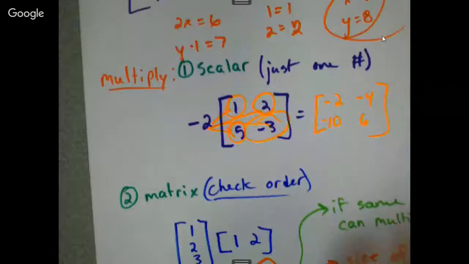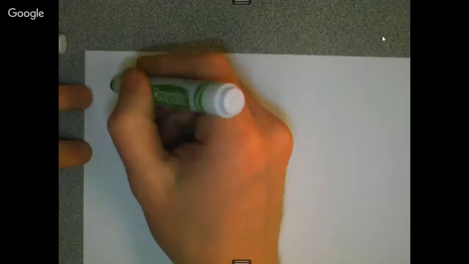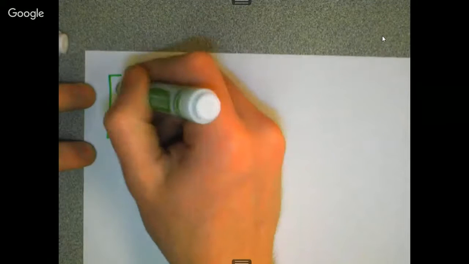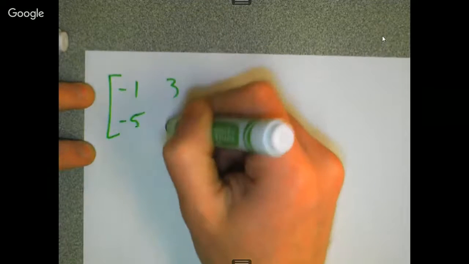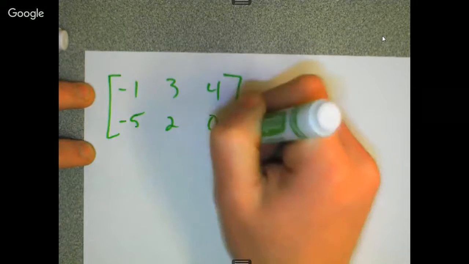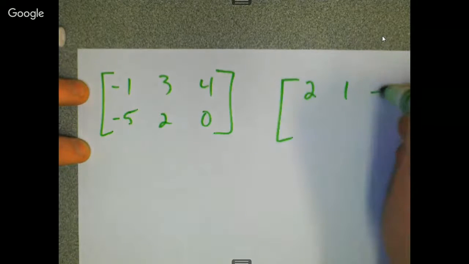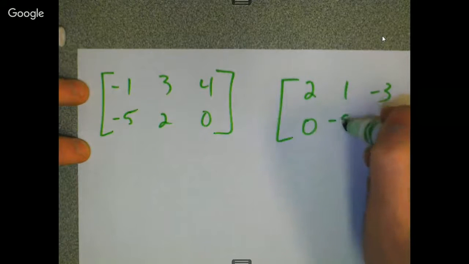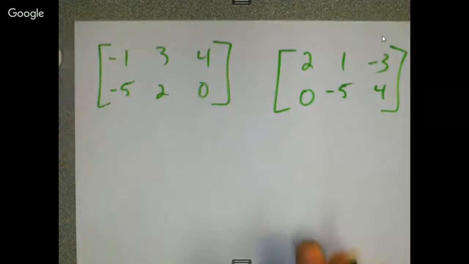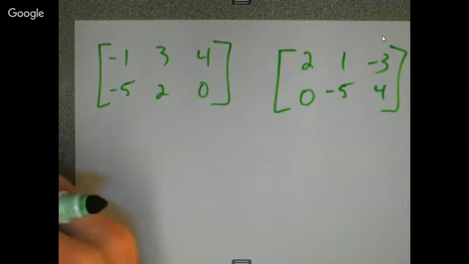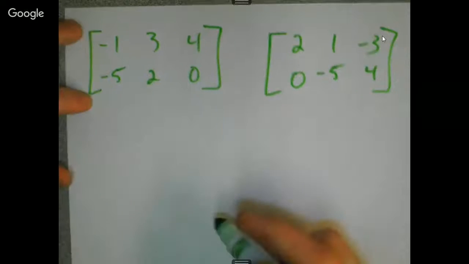All right, let's do some examples. So we talked about adding real quick. Let's do that one and this one. Okay, and we want to add those together and then subtract them.